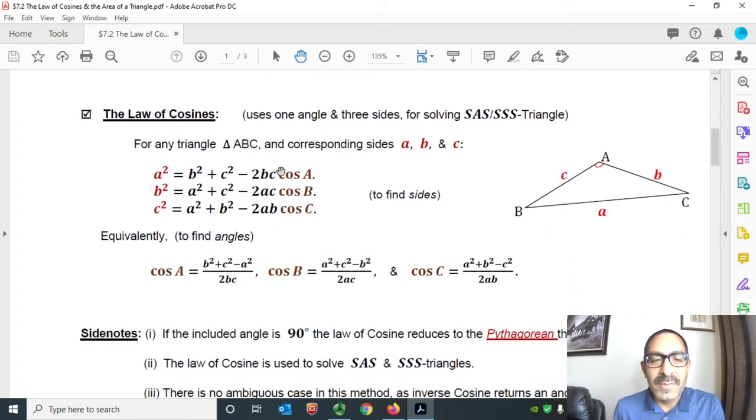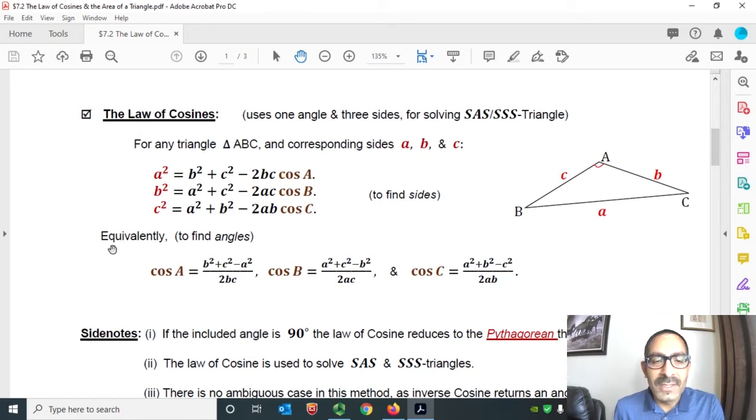For any triangle ABC and corresponding sides little a, little b, and little c, as in the diagram here, the following relations are true. a squared equals b squared plus c squared minus 2bc cosine A. Similarly, b squared equals a squared plus c squared minus 2ac times cosine B. Similarly, c squared equals a squared plus b squared minus 2ab cosine C.